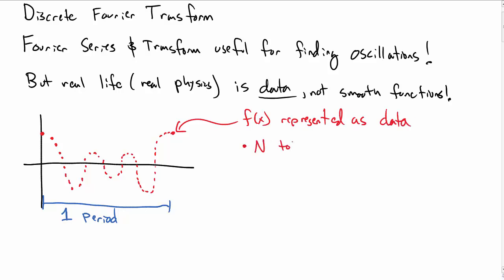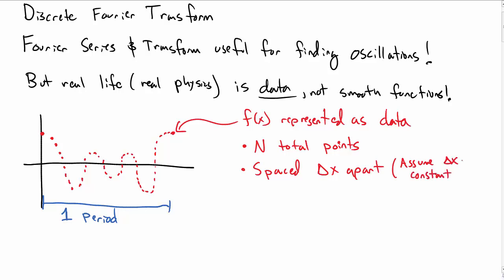In particular, we have N total points here, and the points are spaced by some spacing, let's call it delta x, apart. For our purposes, we're going to be assuming that delta x is a constant so that we have equal spacing. Otherwise, things get really messy really quickly, and that's a whole other topic.